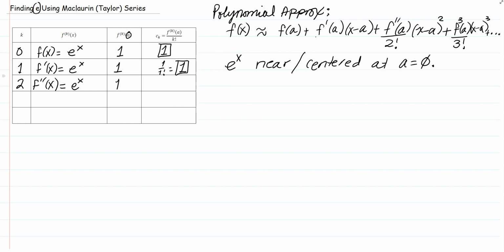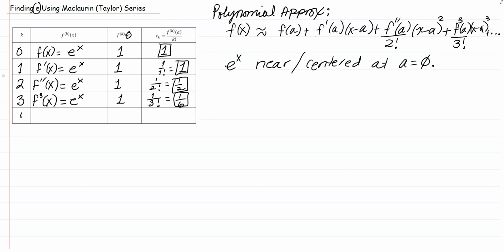Evaluating that at 0, you will have 1. So the coefficient is going to be 1 over 2 factorial, and that would be 1 over 2. Next, the third derivative is still e to the x. Evaluating that at 0, you will have 1. So the coefficient is going to be 1 over 3 factorial, and that would be 1 over 6.